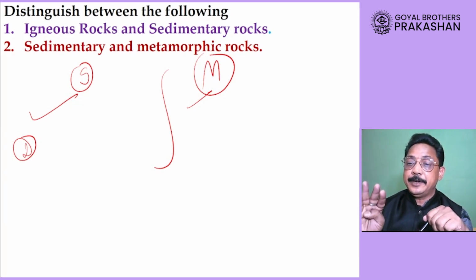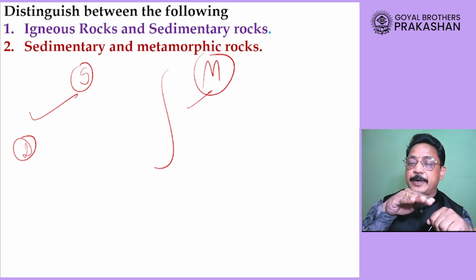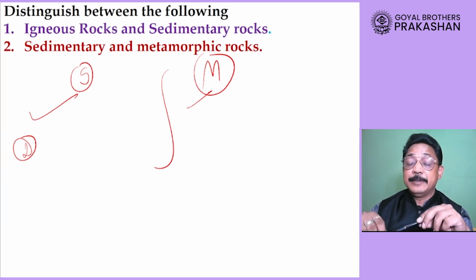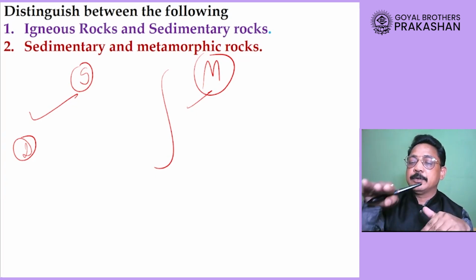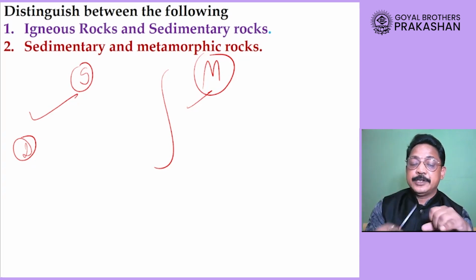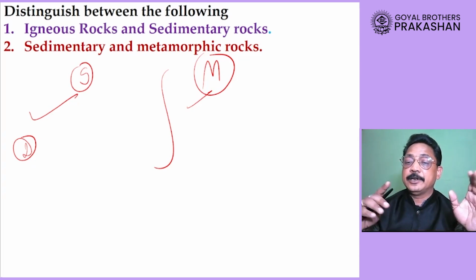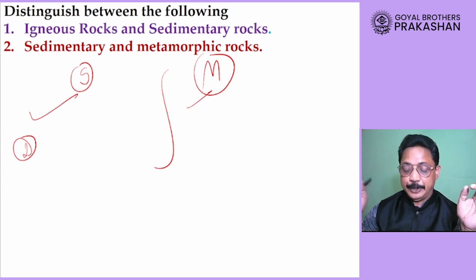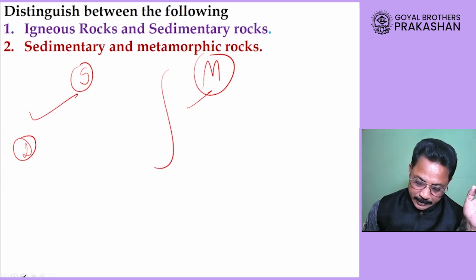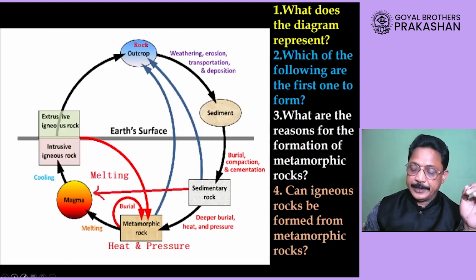Sedimentary rocks are comparatively soft, whereas metamorphic rocks are quite hard. Sedimentary rocks are formed because of processes like dynamic pressure that is exerted from top, whereas metamorphic rocks are formed because of both heat and pressure. So dear student, you can write many more points like this.